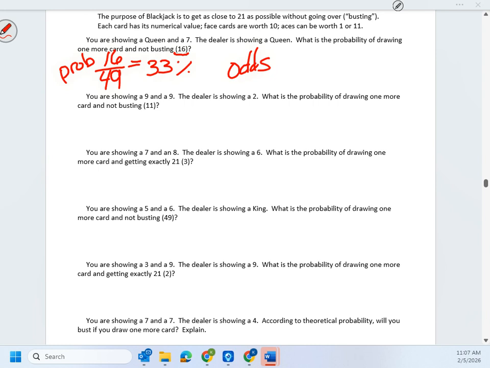Everybody try to figure it out. I'm gonna call on someone. Figure out our odds. Remember what the odds numbers are. Successful outcomes to unsuccessful outcomes. Write down your ratio. What does it look like? And when you have it written down, raise your hand. What did you get, Victoria?